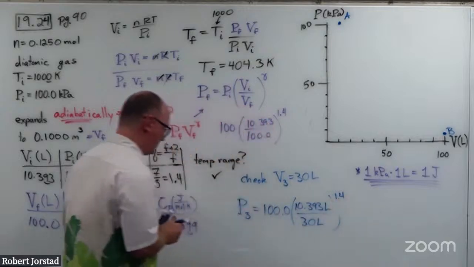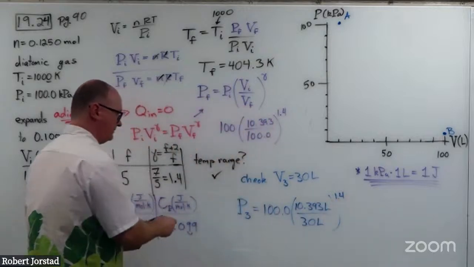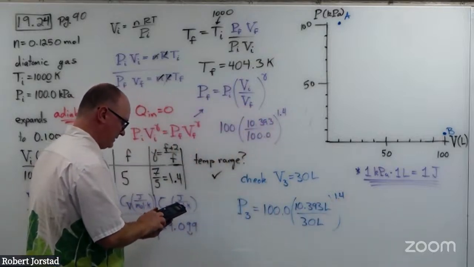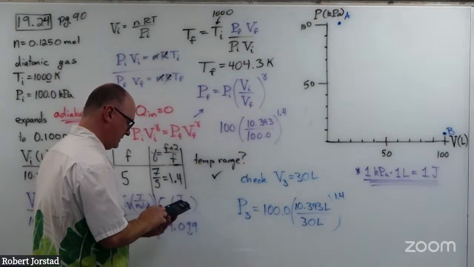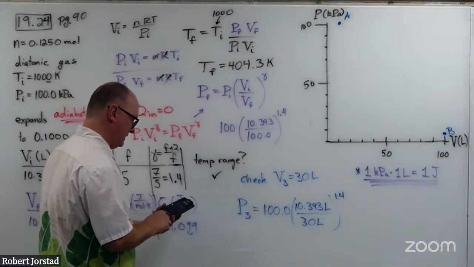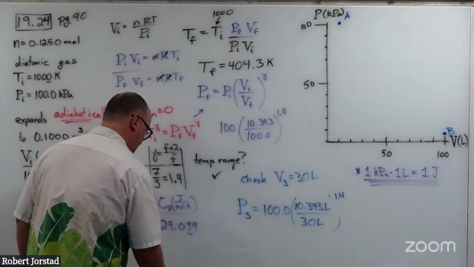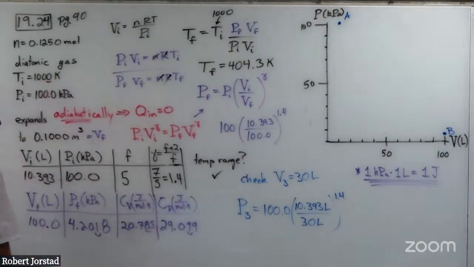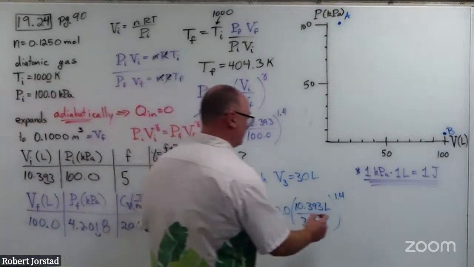So let's just get a third point really quick. 10.393 divided by 30, x to the y, 1.4, times 100. I got 22.67. Is that what I found before? Yes, it is. 22.67.